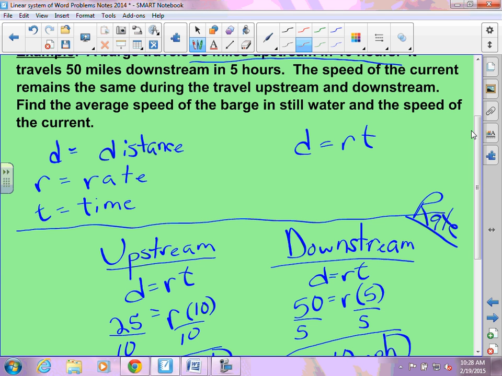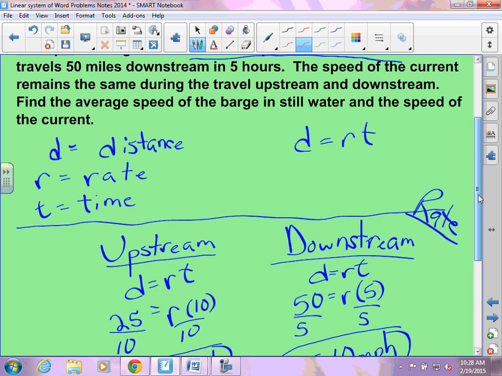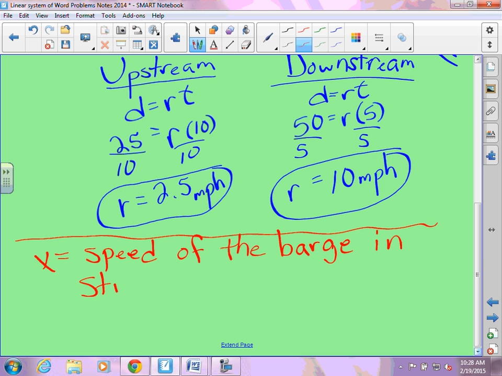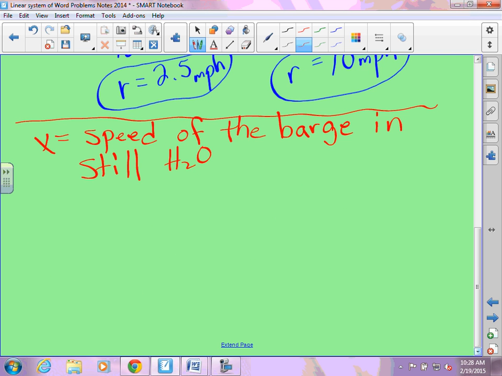So I'm going to let x be the speed of the barge in still water. Is it important to put in still water? Yeah, it is. Especially when we're working with current, right?